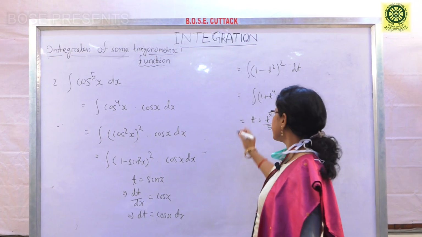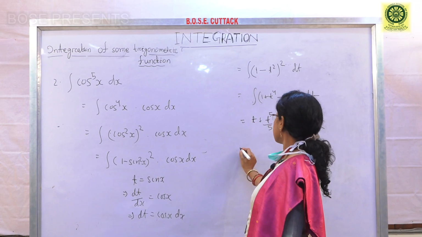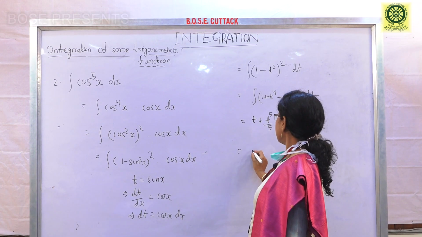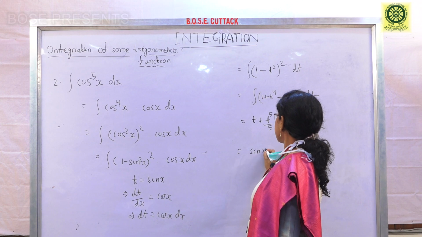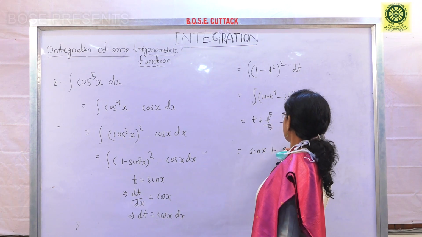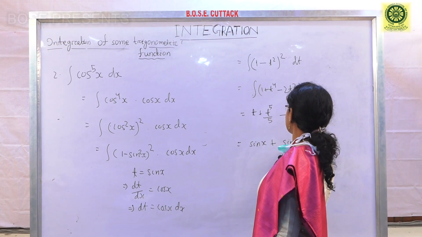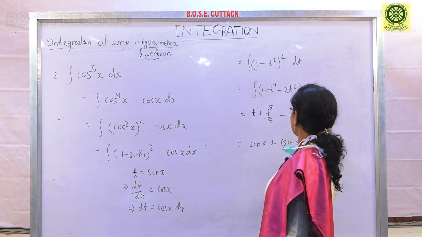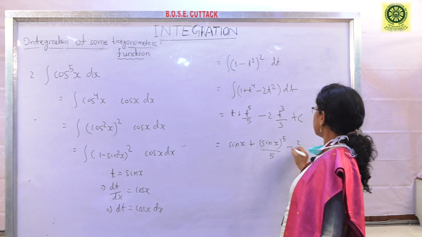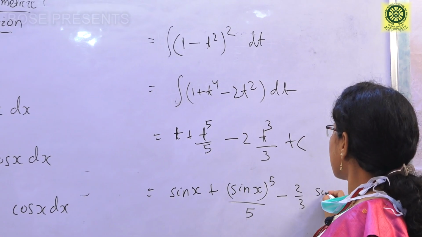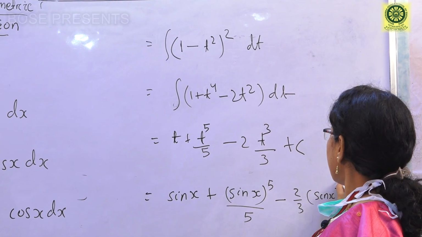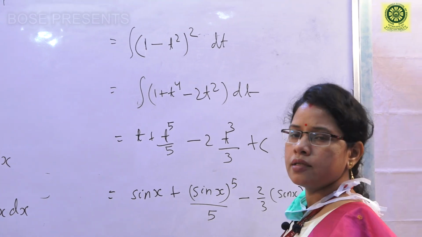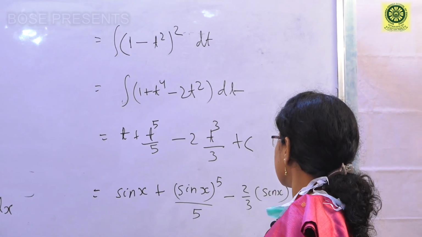Now just replace t by sin x, as you have taken. Then sin x plus t to the power 5, which is sin x to the power 5, divided by 5, minus 2 by 3 t to the power 3, which is sin x to the power 3, plus c. This is your required answer.